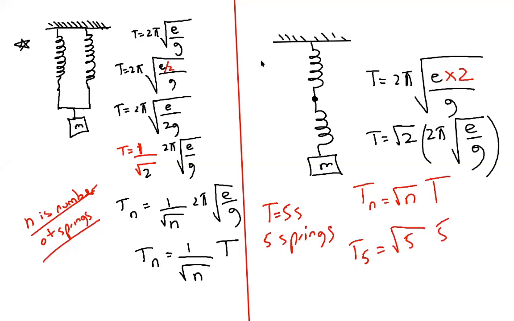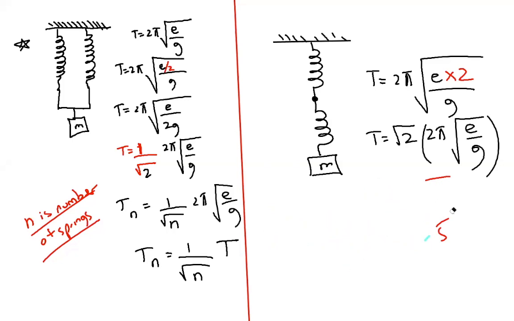So the relation between them is, basically, the more springs you have in this scenario, the greater your time period. So if you have more springs, your time period is going to increase. But in the earlier scenario, if you have a lot of springs, your time period is going to decrease. I hope you understand this.